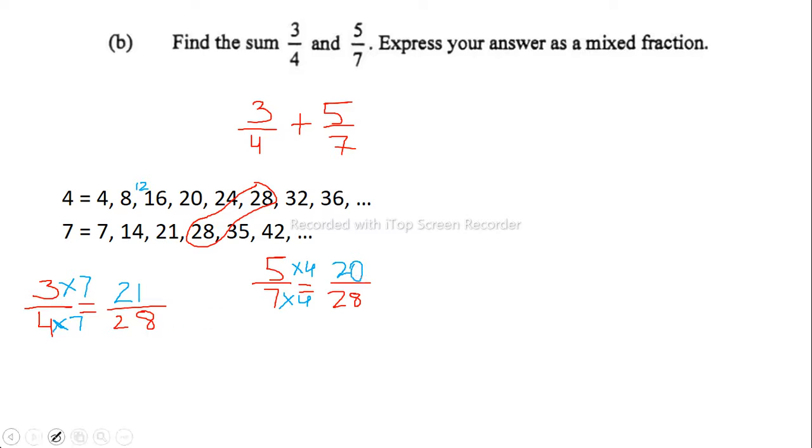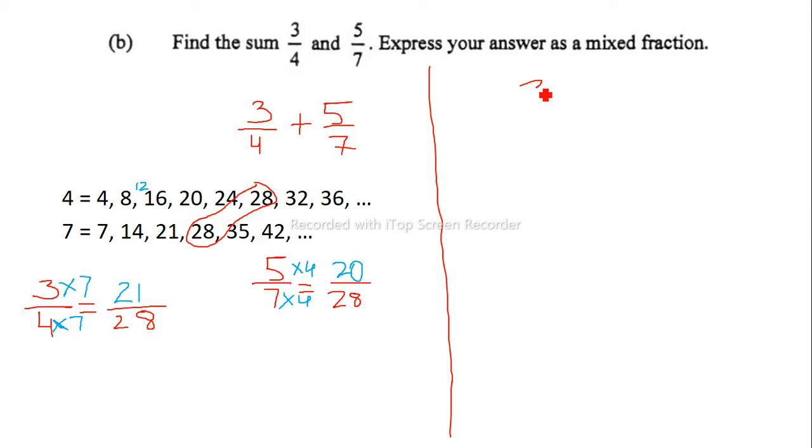Okay, so now we have that 3 over 4 is equal to 21 over 28, and 5 over 7 is equal to 20 over 28. And so now we are ready to perform this addition.